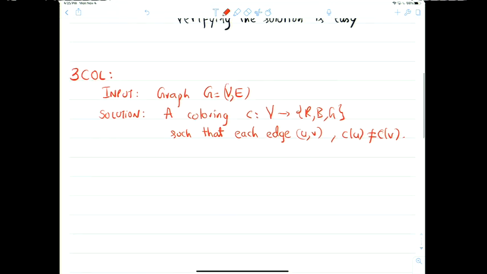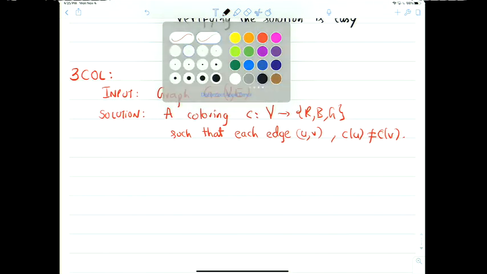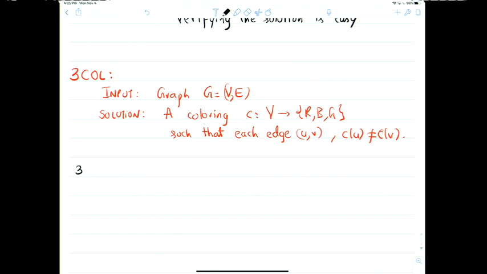I claim that 3 coloring is in NP. 3 coloring is an NP problem. Why? Because it's easy to verify a solution to 3 coloring. Look at the following verification task.